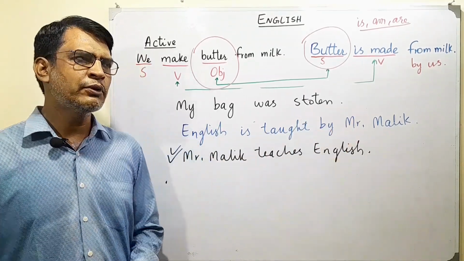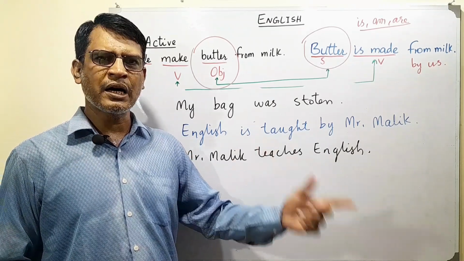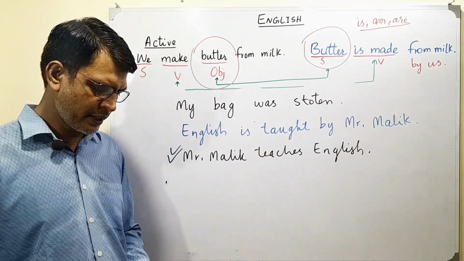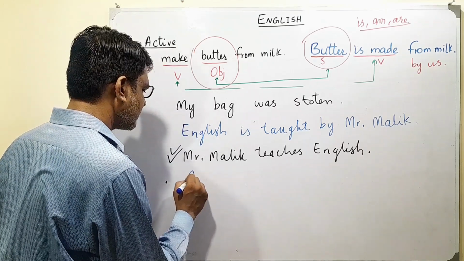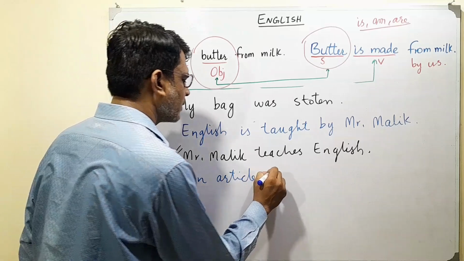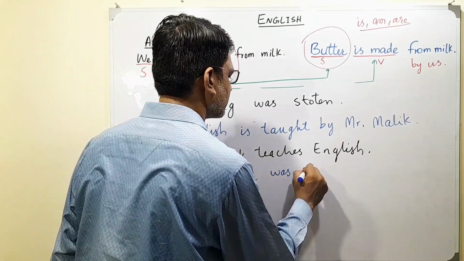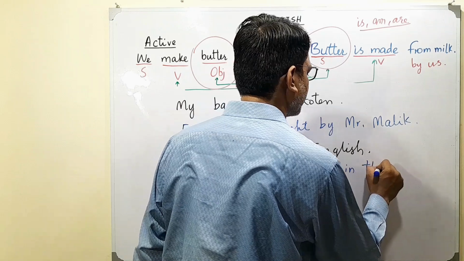For example, they say that an article was passed in the assembly. Now, when you say that an article was passed in the assembly.